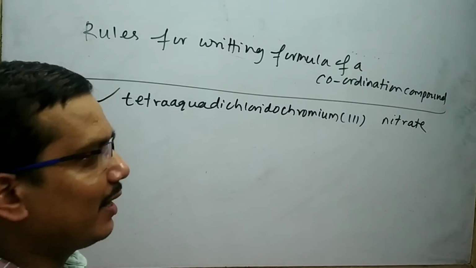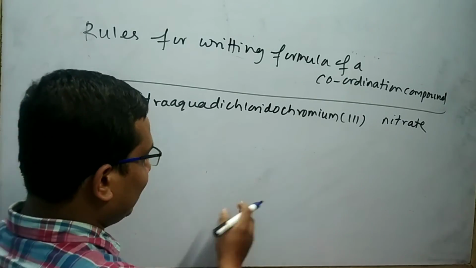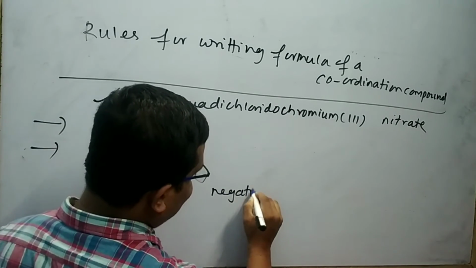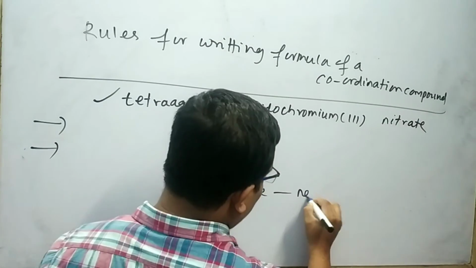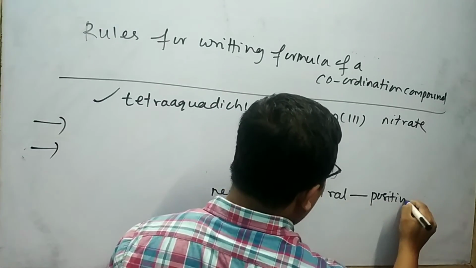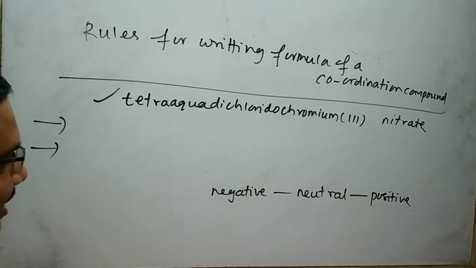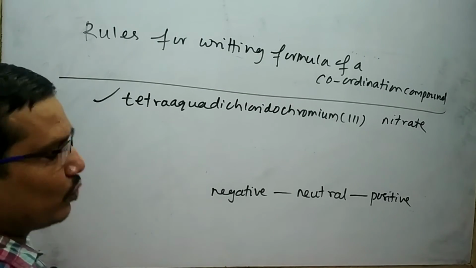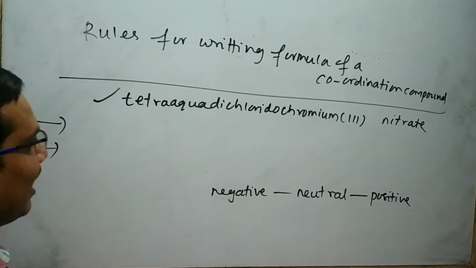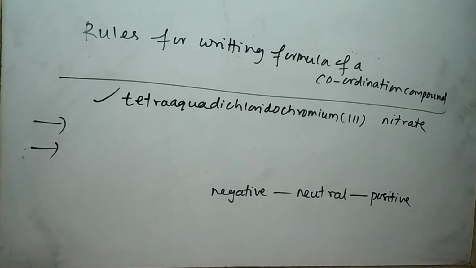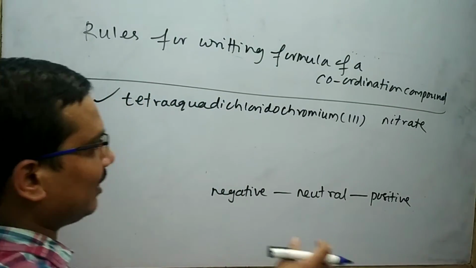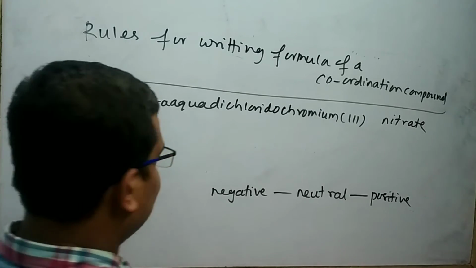The ligands are arranged in the following sequence: at first the negative ligand is written, then the neutral, then the positive ligand. This is the order of ligands written in the square bracket after the symbol of the metal atom. If more than one ligand of the same type is present, they are arranged according to alphabetical order.